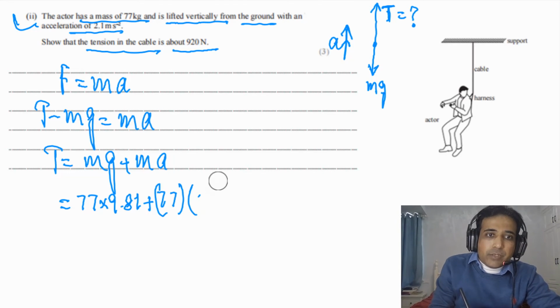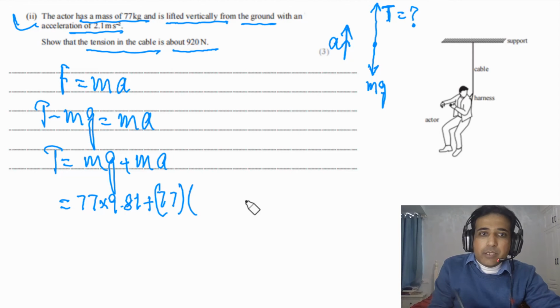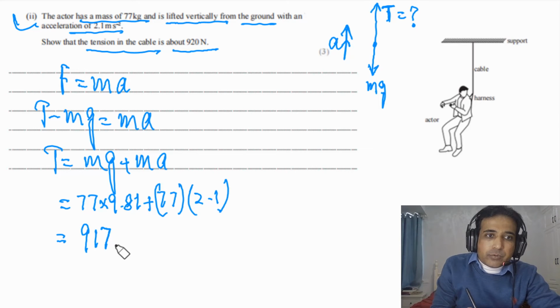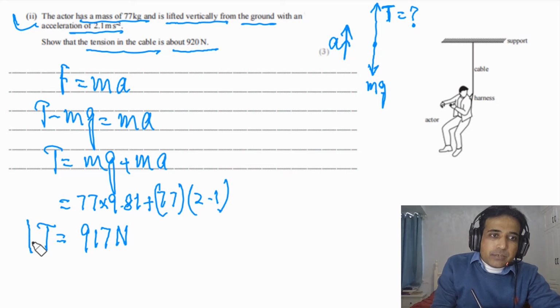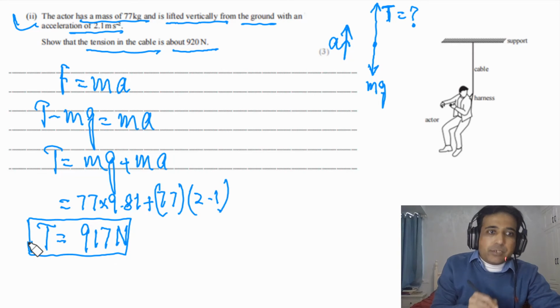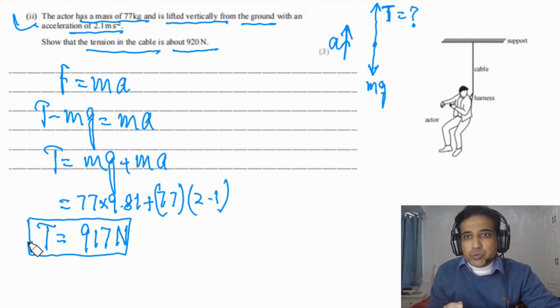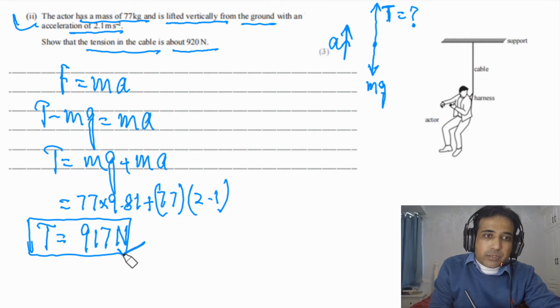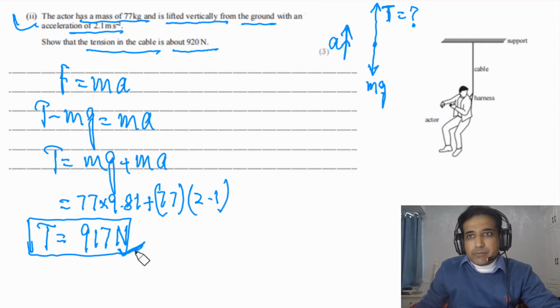So we can plug in these values, and if we simplify, our final answer will be equal to 917 newtons. So this is the value of T. This is how we can approach this kind of problem. The final answer for this question is 917.